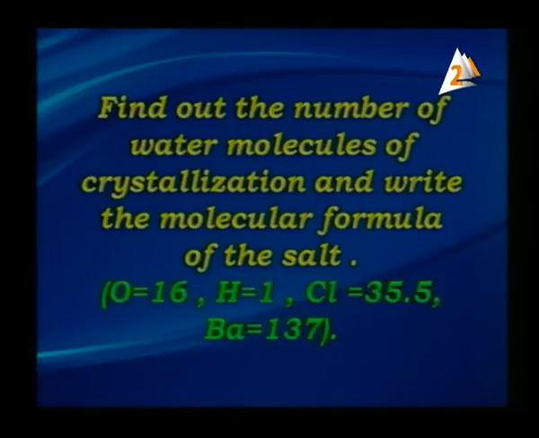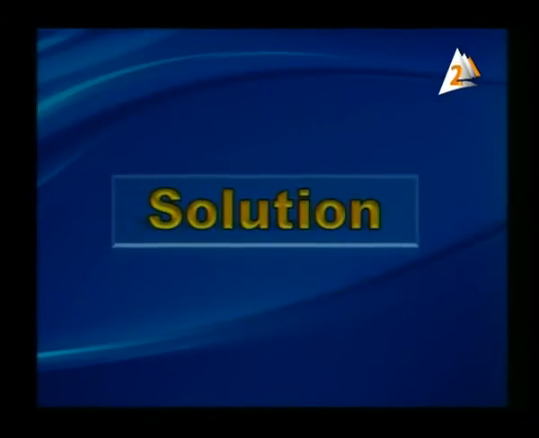You must know that oxygen has mass number 16, hydrogen 1, chlorine 35.5, and Ba 137. All of this cannot be answered without mass numbers. Now let's get the solution step by step.